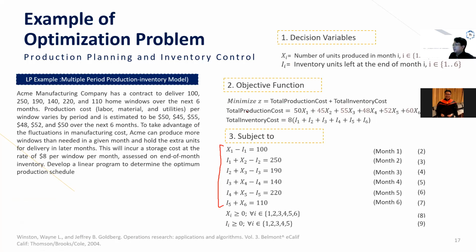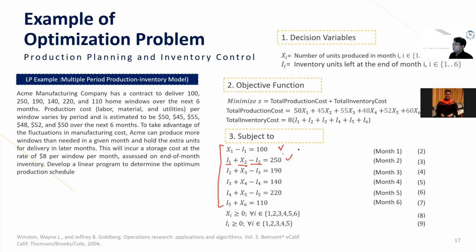This one is the first month, and then for the second month, of course, you will have inventory from the last month, I1, plus the production that you have in the current month, X2, minus the number of inventory that you will consider to fulfill demand in the following months. And it should exactly fill the demand in the second month, which is 250.